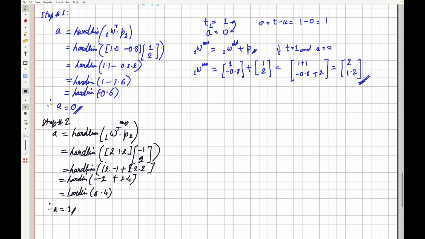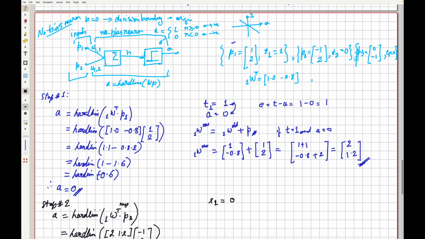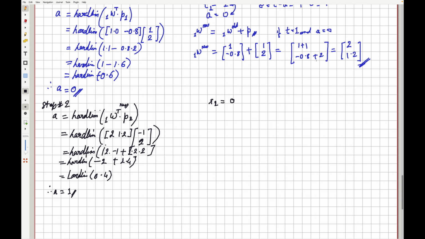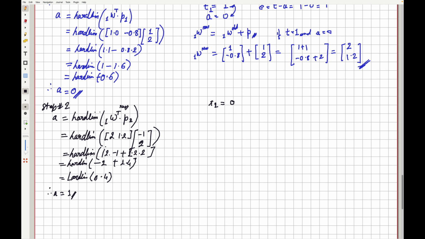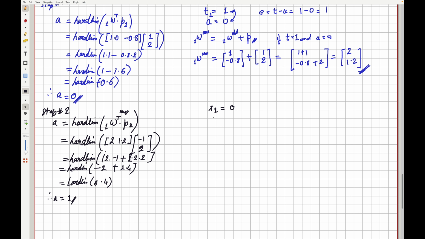Let's now go ahead and update our W again, and this time the target class for this particular data point, which is t2, was 0. We can see that up here where we have written t2 is 0. What we need to do now is get the new value of W. For a, what we got was 1.